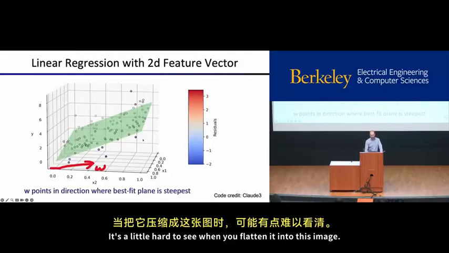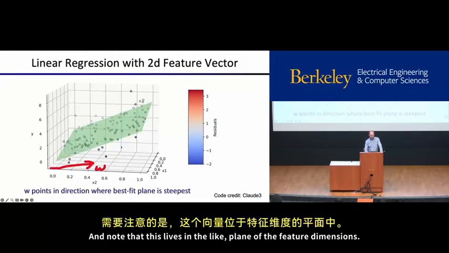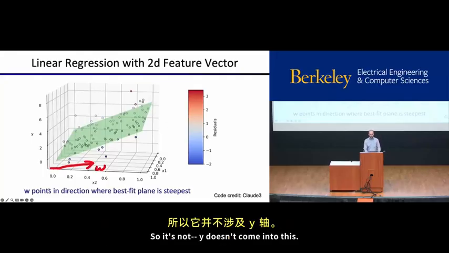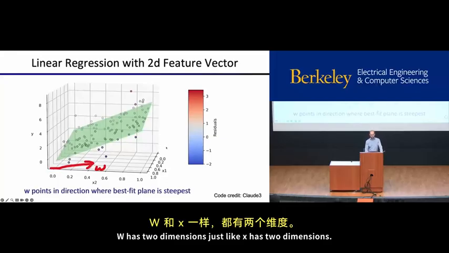It's a little hard to see when you flatten it into this image, but there's this drawing of W. And note that this lives in the plane of the feature dimensions, so Y doesn't come into this. W has 2 dimensions, just like X has 2 dimensions.